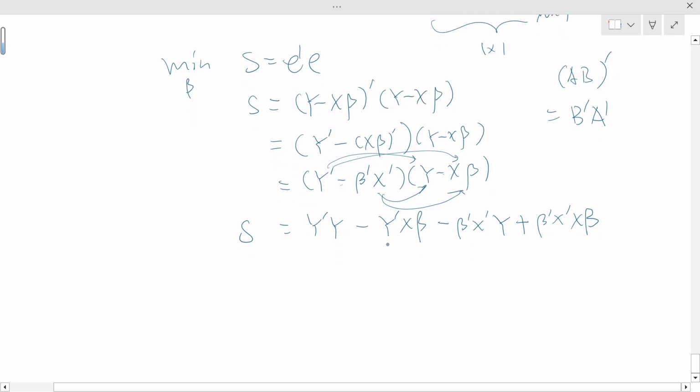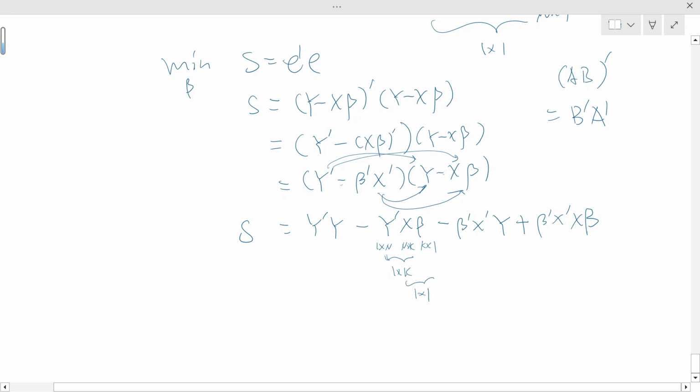Note that y prime is 1 by n, X is n by k, and beta is k by 1. So y prime X is 1 by k, then times beta, k by 1, gives 1 by 1.